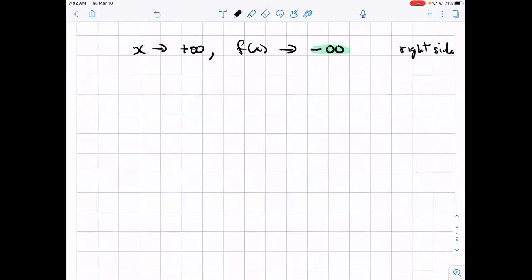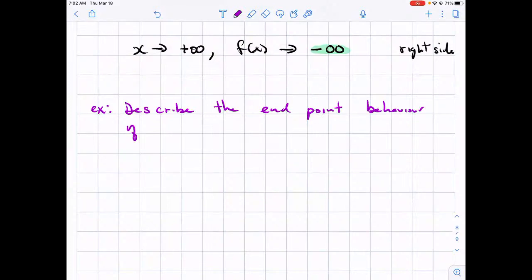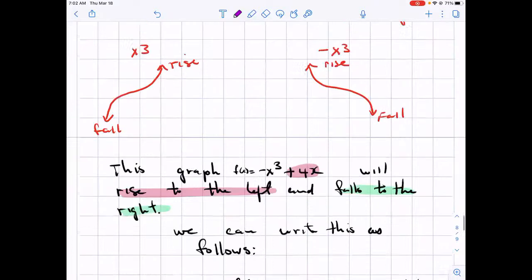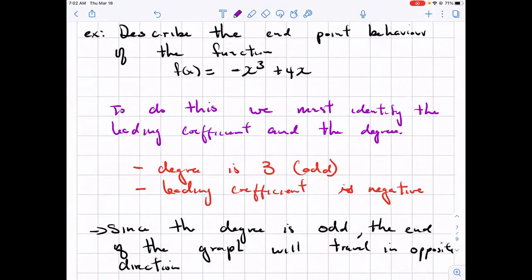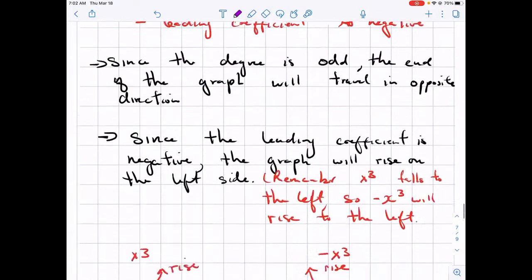Let's look at another example. Let's describe the endpoint behavior of h of x equals x to the fourth minus 5x squared plus 4. Very similar to what we did above, we'll identify the leading coefficient and the degree.